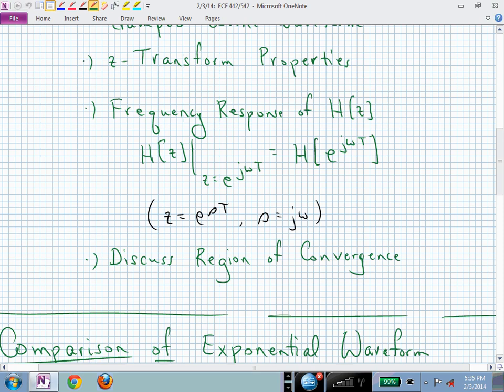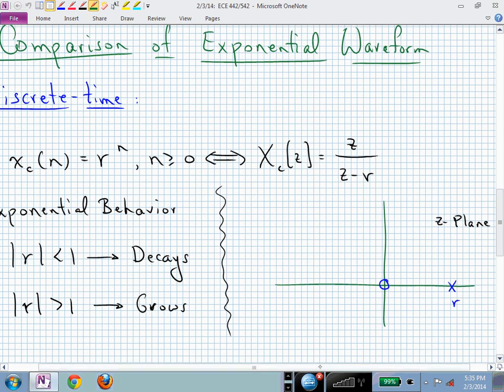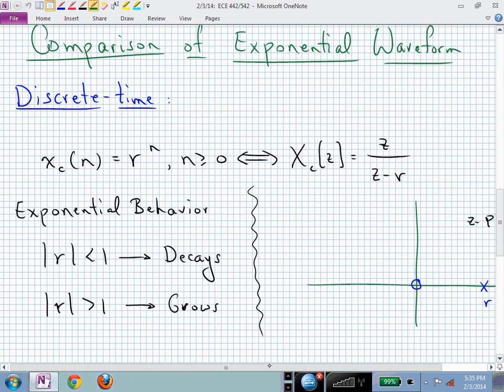But I hope after class someone came forward and said, what about this region of convergence and inside the unit circle? It's really two different things. The region of convergence is not the same as stability. So you can have an unstable system, which is illustrated here.